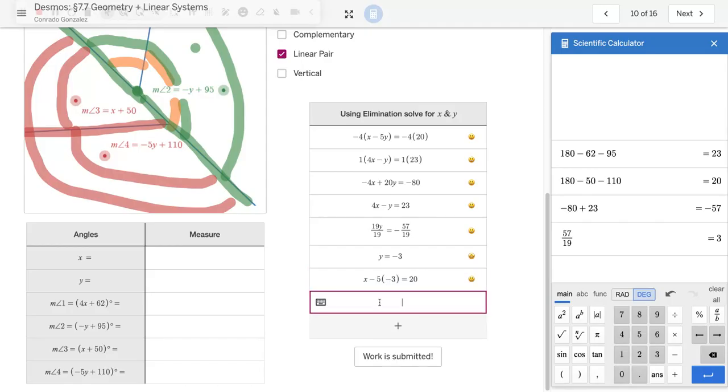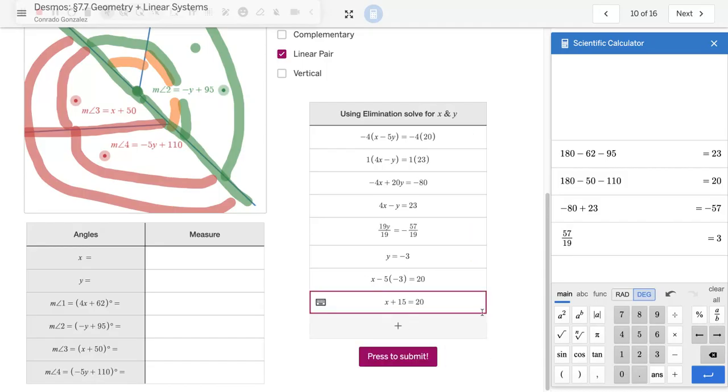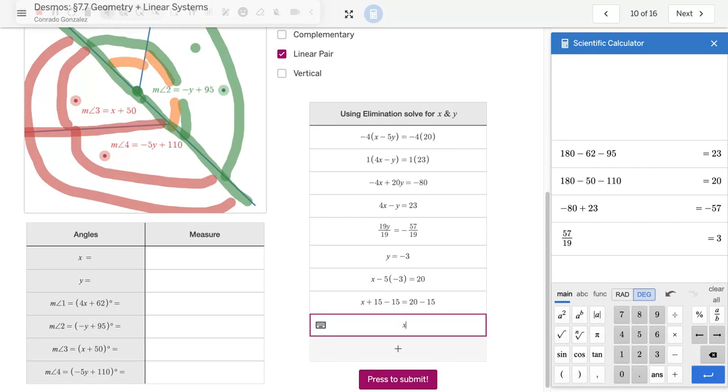What is negative 5 times negative 3? That's positive 15, so x plus 15 equals 20, and that's correct. Then I subtract 15 from both sides. x is equal to 5.